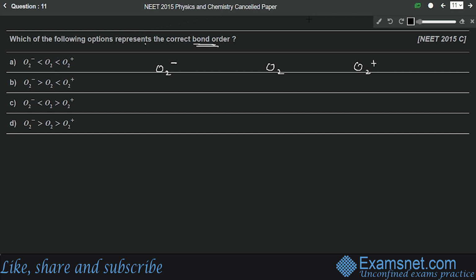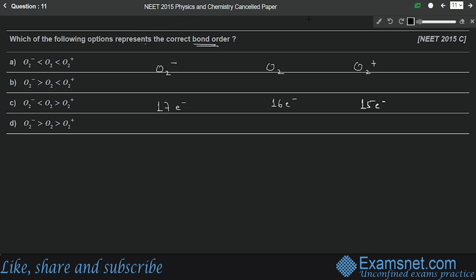We know that O2 has how many electrons? 16 electrons. In O2 minus, one more electron will be added, so 17 electrons. And O2 plus, one has been removed from O2, so it will be 15 electrons. Okay, we know that the number of electrons in bonding molecular orbitals will be 10 in each case, right?